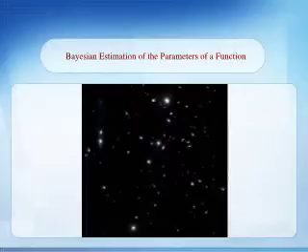Taking exponential, we have f of x equals f of x0 times exponential of minus a divided by 2 times (x minus x0) squared.